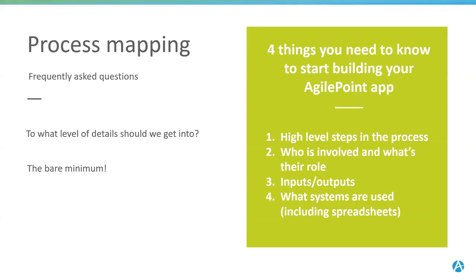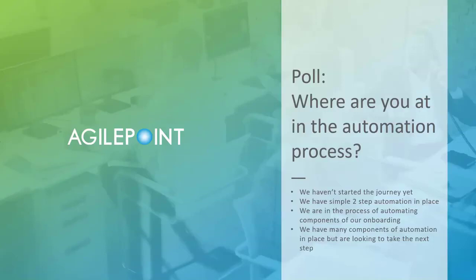And while they will not be needed in an AgilePoint digital process, you need to know what is being tracked, how, and at which point. And once you have this information, you're ready to understand what the scope is, to decide what the scope of your project is, and to prioritize and break down into different phases.